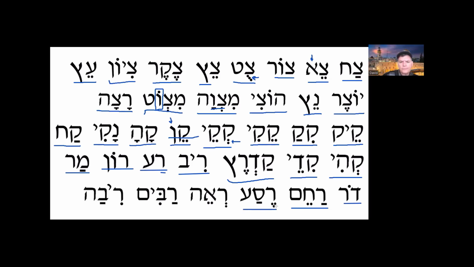Rasa. Obviously focusing in on the resh on this particular line of text. Ra'eh. That's the basic word to see in Hebrew. It's the root letters resh, aleph, hey, meaning to see. Rabim, meaning great.